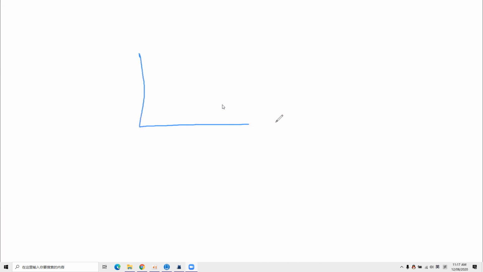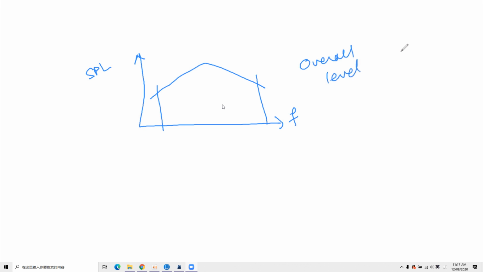If this is your sound pressure level and that is your frequency, let's just say that the overall noise level is greater than 85 decibel at this stage, and 85 decibel is here.